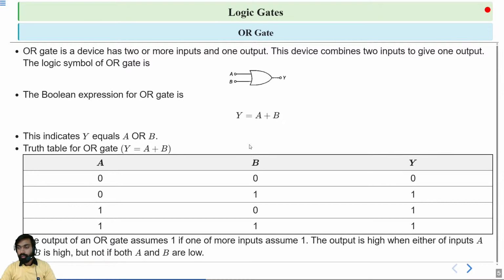This makes the OR gate useful in circuits where you want to activate an output if any one of several conditions is true.